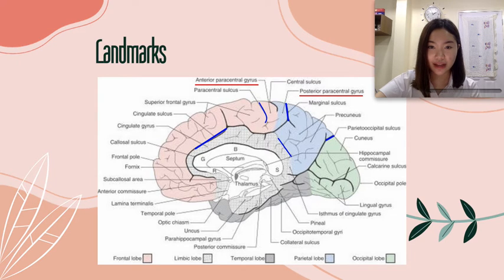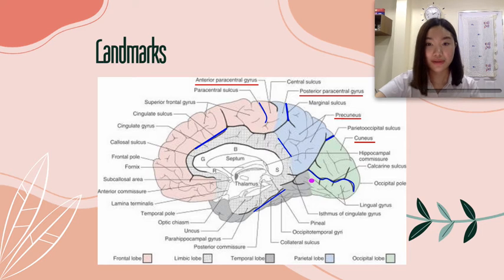This blue line is called the parietal occipital sulcus. It divides the precuneus and cuneus. This is called the calcarine sulcus and lingual gyrus. And this is the collateral sulcus.